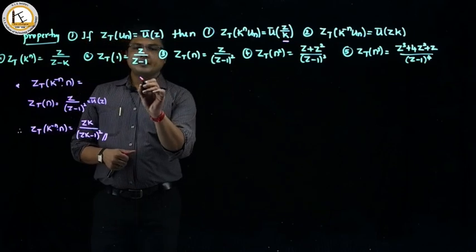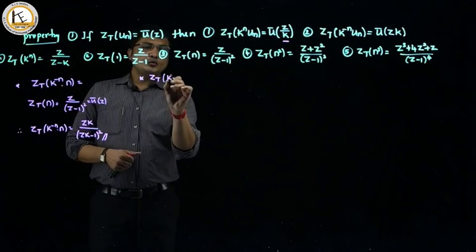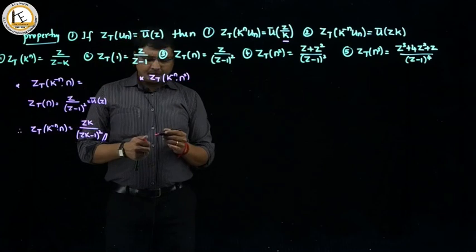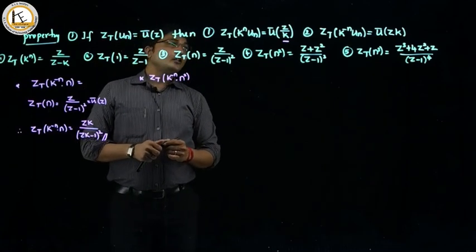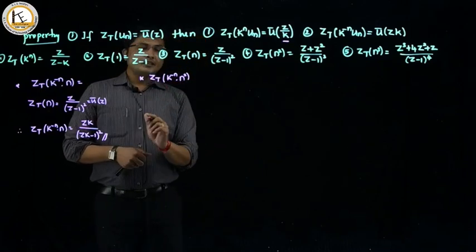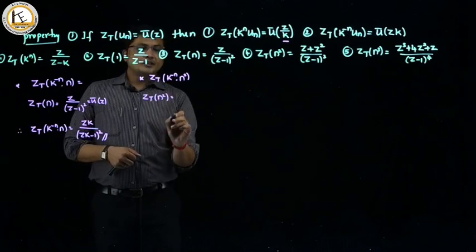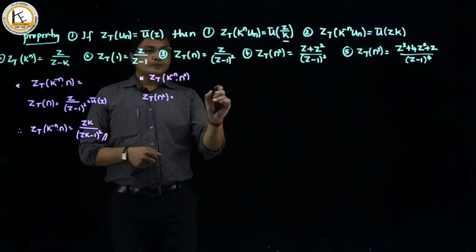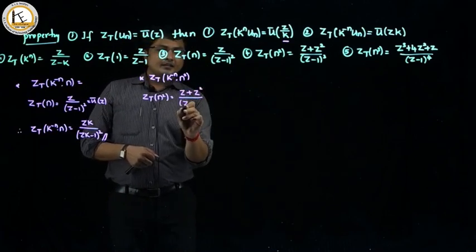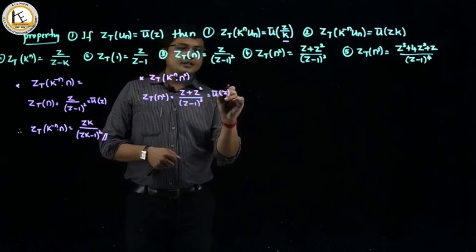So now taking the next function, finding the z transform of k raised to minus n into n square. Again same, you need to compare this k raised to minus n into n square with this standard form, and we know that un is nothing but n square. So z transform of n square is nothing but z plus z square divided by z minus 1 the whole cube, that is nothing but u bar of z.